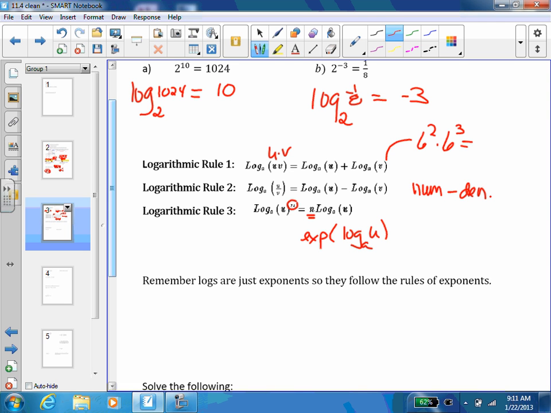What did we do when we had 6 to the third over 6 to the second? What did we do with our exponents? And that's what the rules are saying, right? What did we do when we said 6 to the second to the third? What did we do with those values? And that's what I'm showing. So we're just applying these exponent rules to log statements.